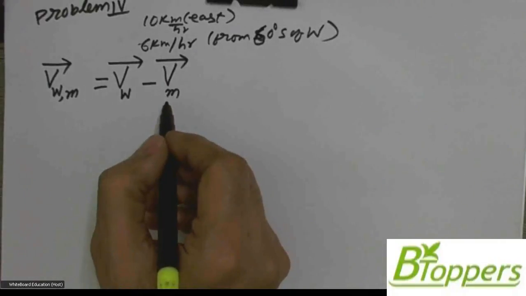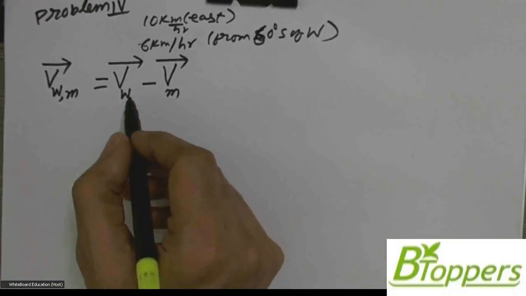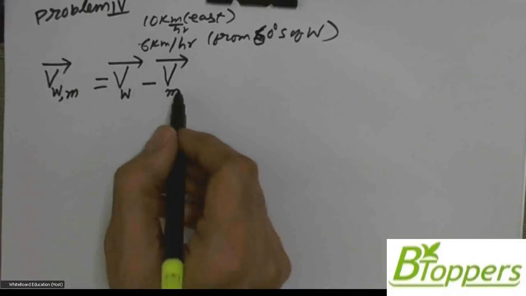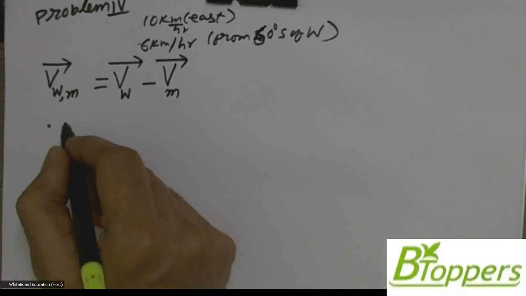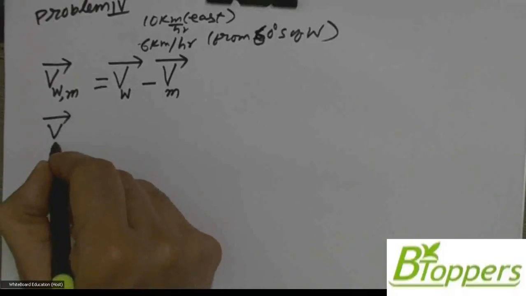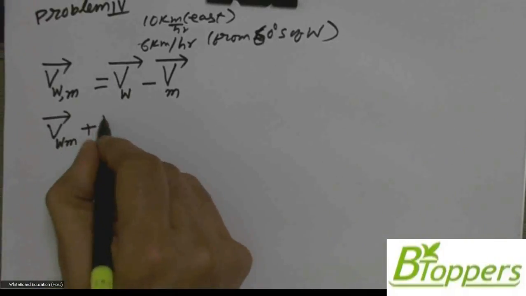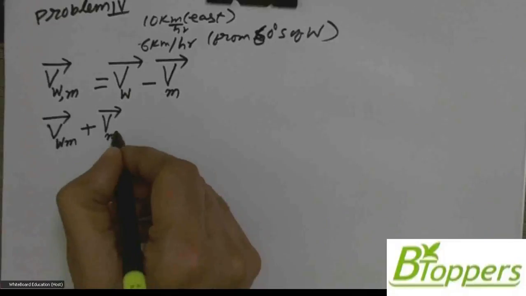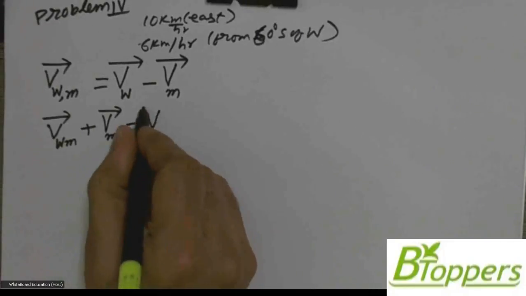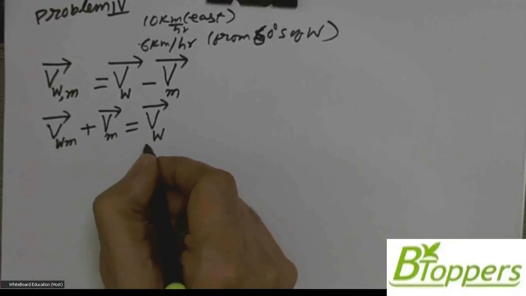Here Vm bar represents the velocity of the man and Vw bar represents the actual velocity of the wind. So you can carry this term minus Vm bar to the other side of the equation. So the vector sum of velocity of the wind with respect to the man and velocity of the man will be equal to the actual velocity of the wind.